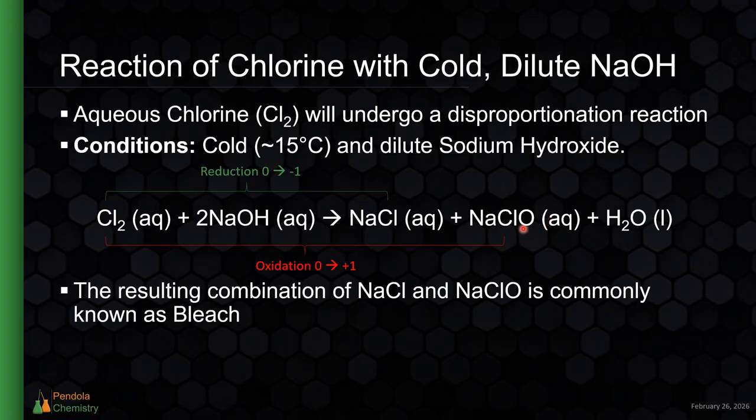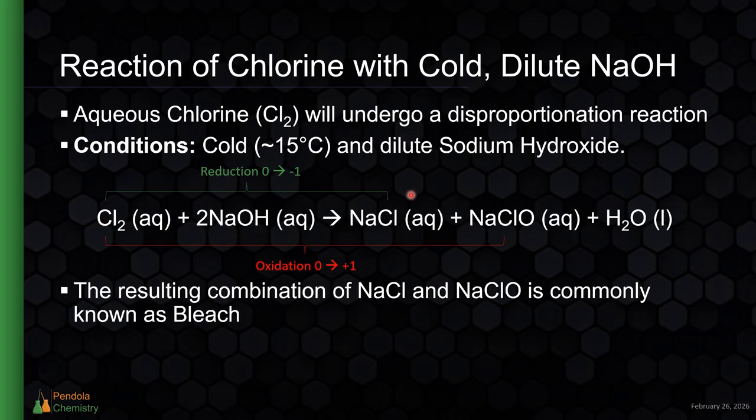In hypochlorite, the chlorine atom has a +1 oxidation number, and so it gets oxidized from 0 to +1. That's why this is a disproportionation reaction, because the chlorine is both the reducing agent and the oxidizing agent. One chlorine gets reduced, acting as the oxidizing agent, while the other chlorine gets oxidized, acting as the reducing agent.